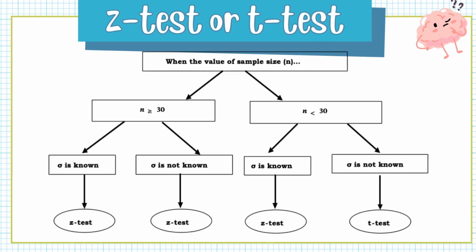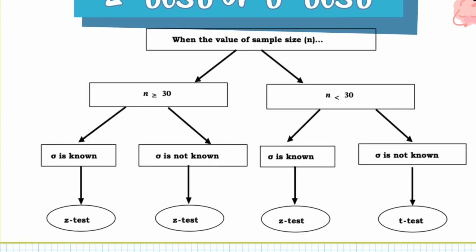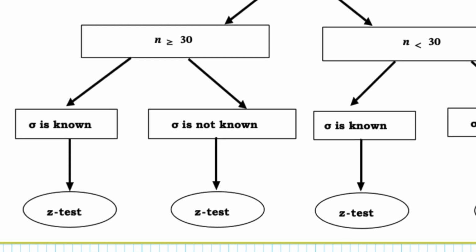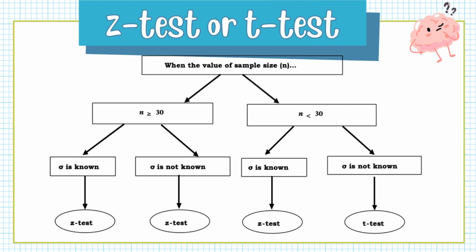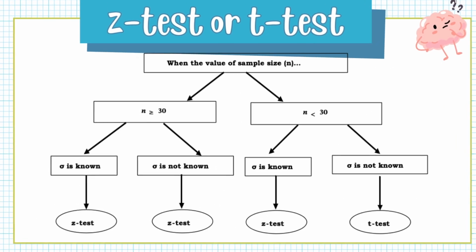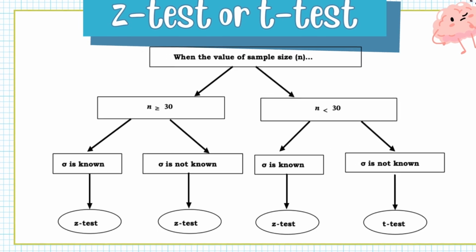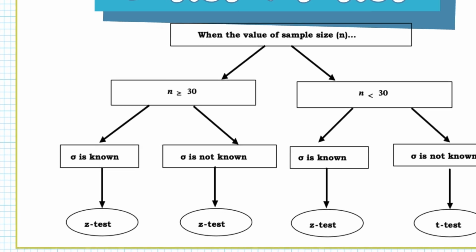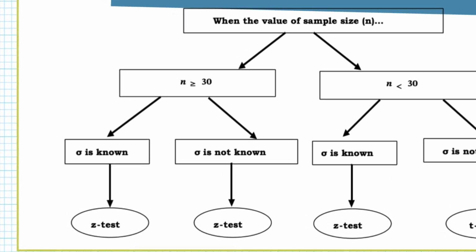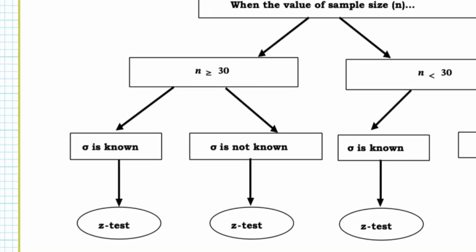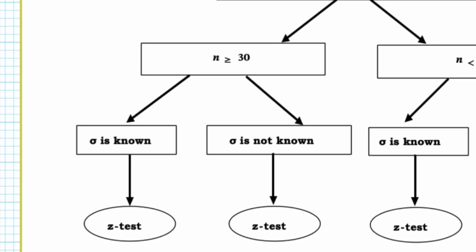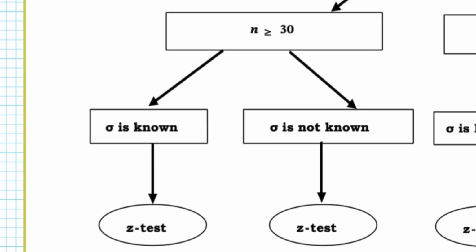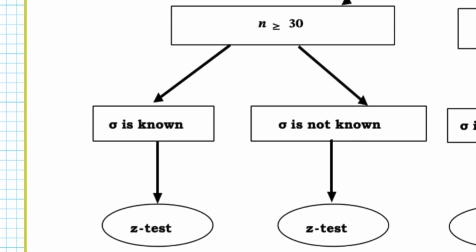So look at this. We are going to use the z-test here. We can use the z-test if our n is greater than or equal to 30, whether the population standard deviation is known or not known.